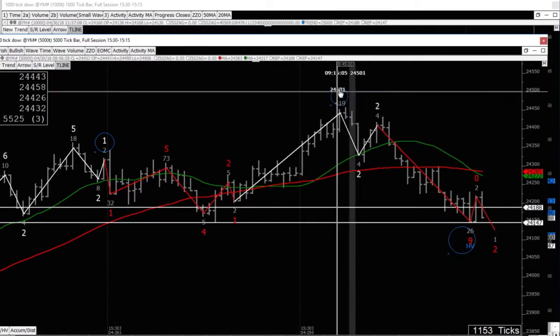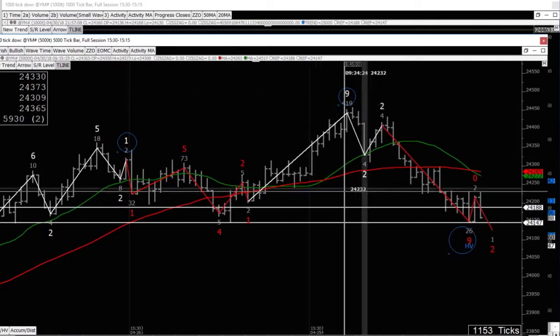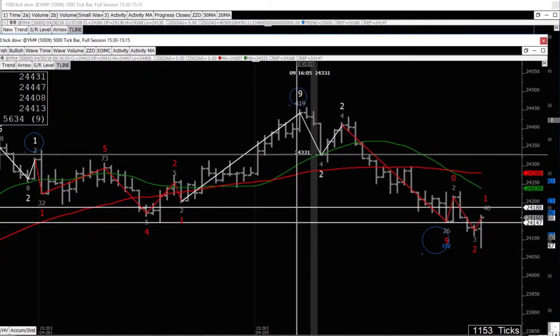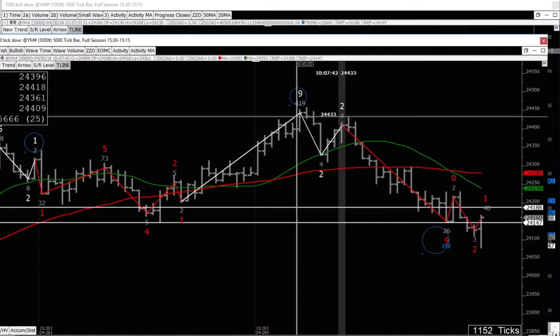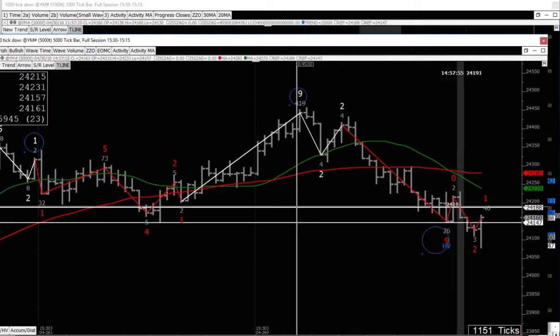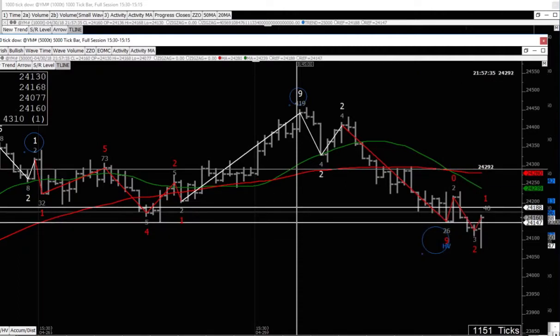Alright, so now even though the high time frame to me looks bearish, when the market goes straight down like that, it creates what's classically termed an oversold condition. Oversold condition can set up a counter trend rally up.